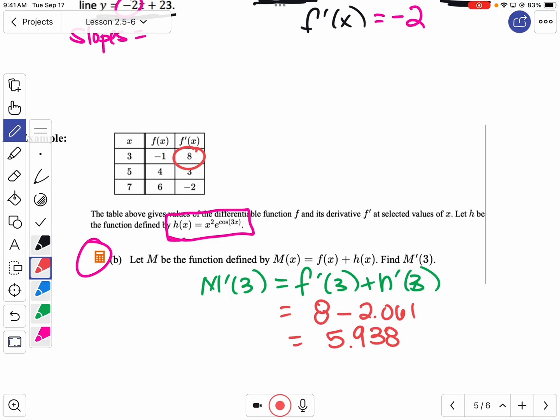Double check me, because that's an old answer. It could have been wrong. We okay with that one? Okay. So using a table and using your numerical derivative.